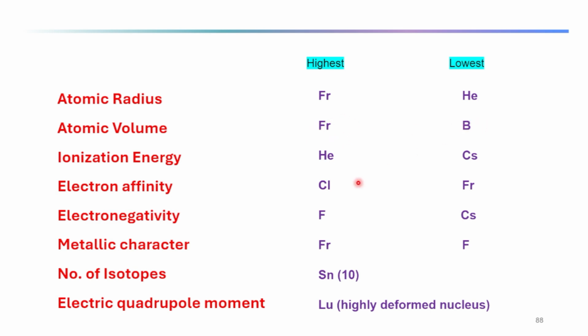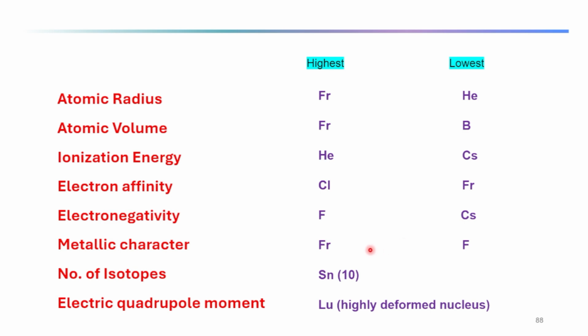Ionization energy: helium has the highest, whereas cesium metal has the lowest. If we consider electron affinity, chlorine has the highest and francium metal has the lowest. Whereas in case of electronegativity, fluorine has the highest and cesium has the lowest.